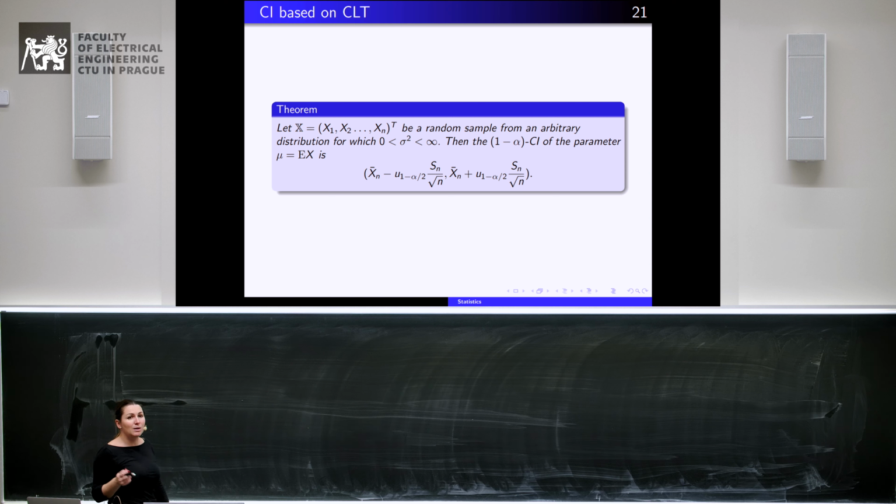For example, in Poisson distribution, the parameter lambda corresponds directly to the expected value. In exponential distribution, the expected value is 1 over the parameter lambda. So when we have the confidence interval for the expected value, we can construct the interval for the parameter as well, and so on and so on.